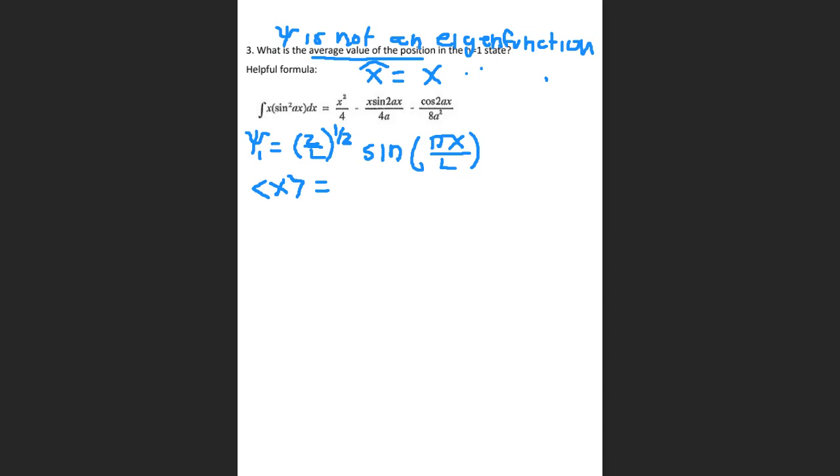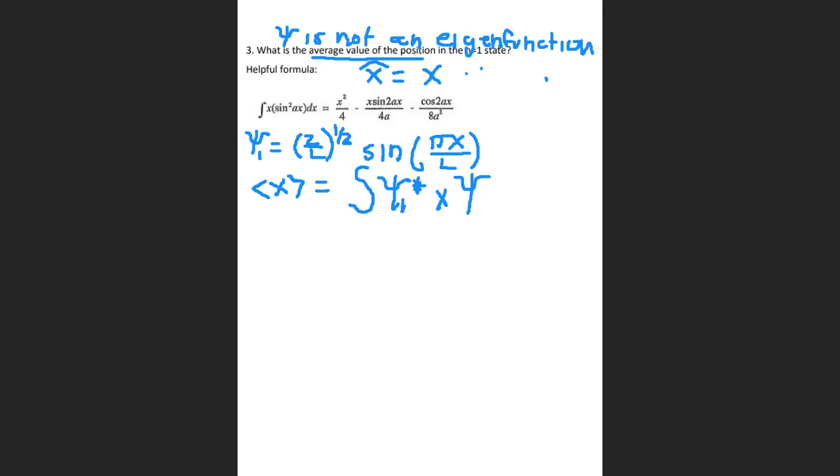Unless you have an eigenfunction available, you have to make a sandwich integral of the complex conjugate times x times the wave function.